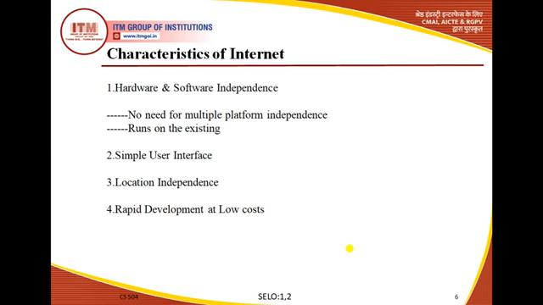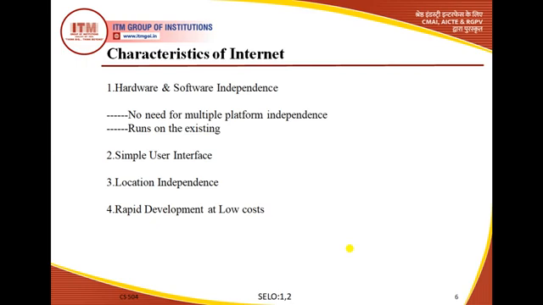Then location independence. There are no location dependencies for the internet. If we are sitting in a train, then also we can access the internet to see how our train is going, what the status of the train is right now, whether it is late or on right time, etc. So sitting in the train we can get any information.